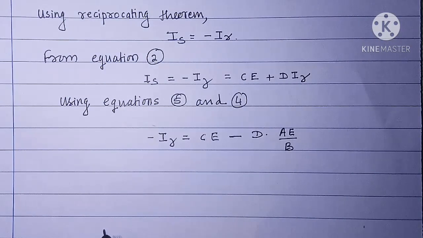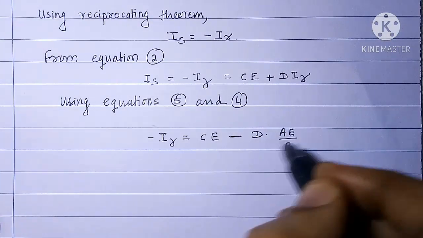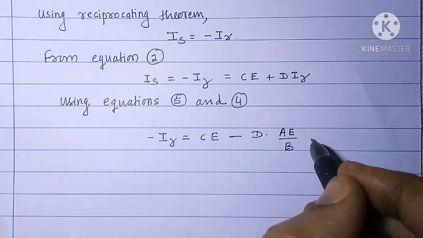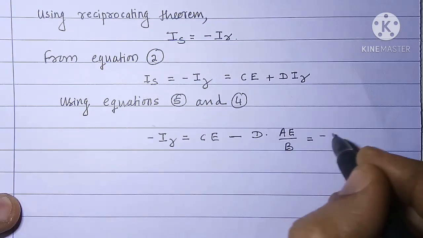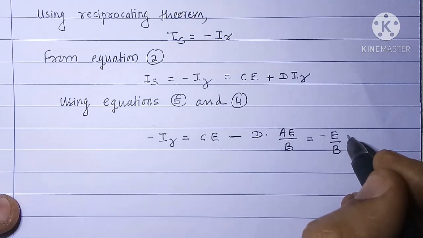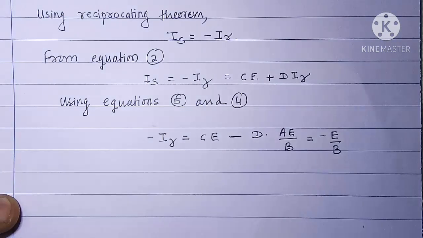Simplifying, we get that is equal to minus E by B. This we are writing using equation 4. In equation 4, what we have written? We have written IR equal to E by B.